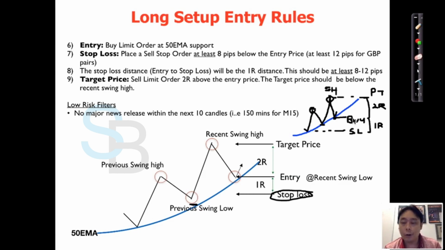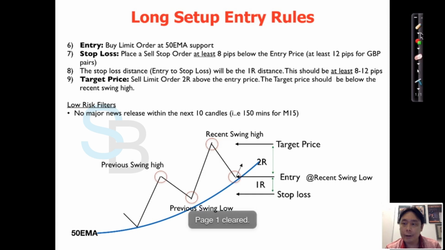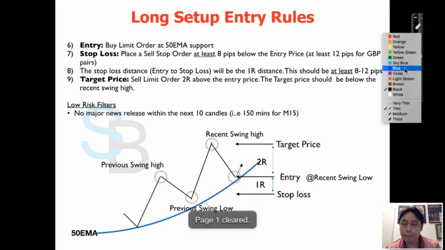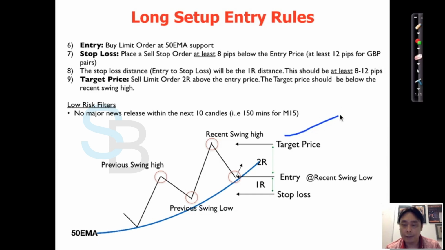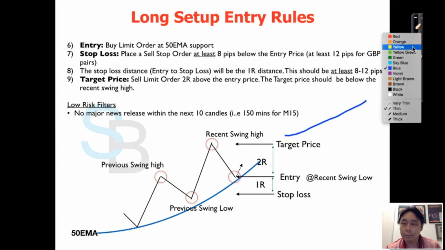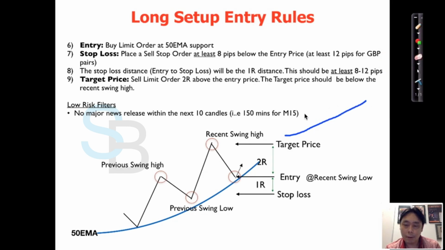Okay, so, but if, for example, I have a case like that, okay, say it bounces over here, goes up there, comes down, bounce, okay? So in this case, I would buy over there, right?